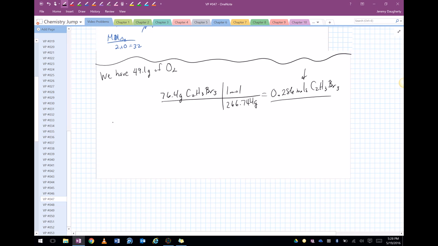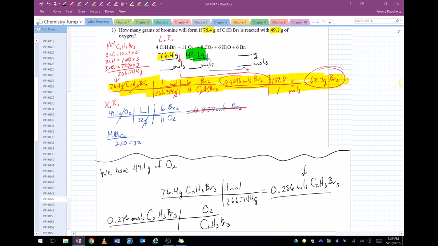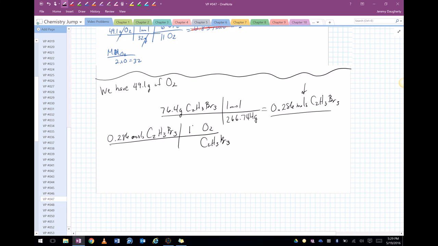So I'm going to convert my 0.286 moles of C2H3Br3 to moles of oxygen. So I've got oxygen on top, C2H3Br3 on bottom. What's the mole ratio? It's 11 to 4. So 11 oxygens for every 4 of those.